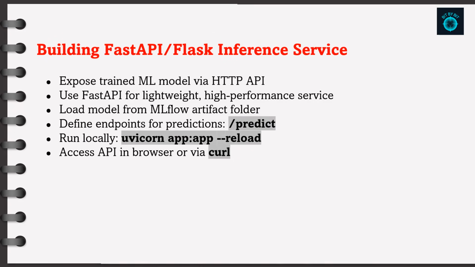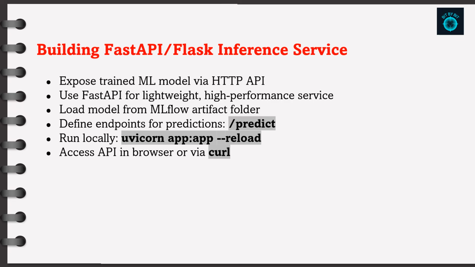Building a FastAPI inference service in MLOps. Serving your trained model as an API is a key step. It allows other applications or users to send data and get predictions in real time. Here we use FastAPI, a modern Python framework for building fast, production-ready APIs. The workflow is simple.